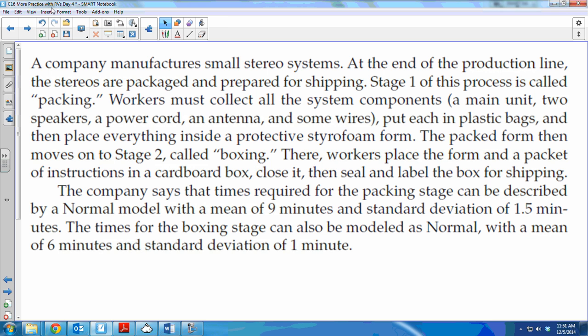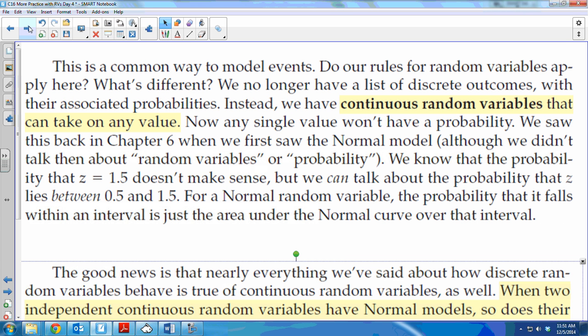For a continuous random variable, you don't have this list of discrete outcomes. You don't know, well, if this happens, it's 11%, or if this happens, it's 22%. A continuous random variable can take on any value, and no single value has a probability that we can just figure out really fast.